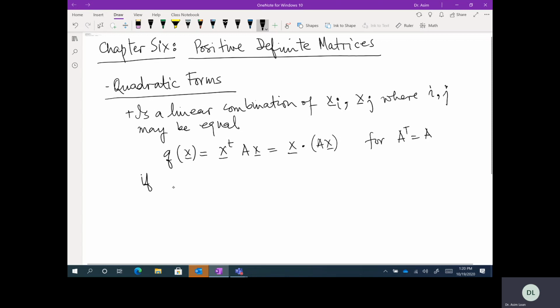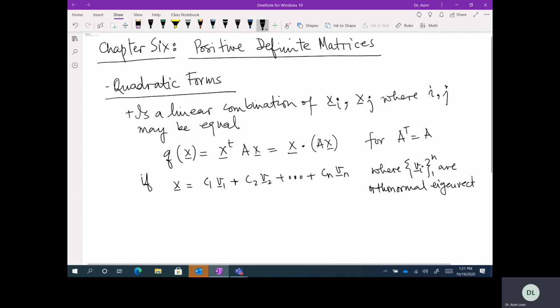So if x equals C1 V1, a linear combination of eigenvectors, plus C2 V2 plus Cn Vn, where Vi, i from 1 to n, are orthonormal eigenvectors of A, then this implies A times x.